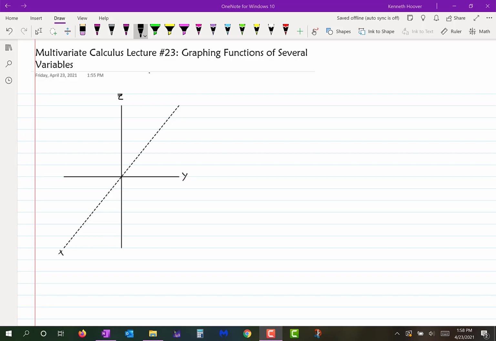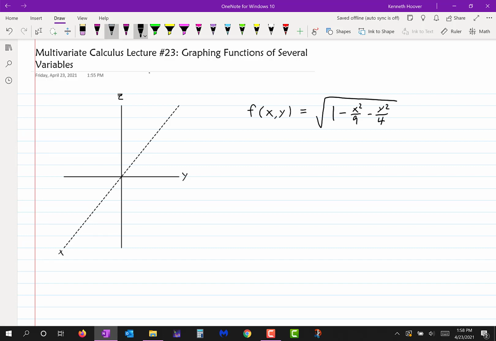Okay, today we're going to talk about functions of several variables, or what are also called multivariable functions or multivariate functions. Okay, let's look at this one here. F of x, y equals the square root of 1 minus x squared over 9 minus y squared over 4.